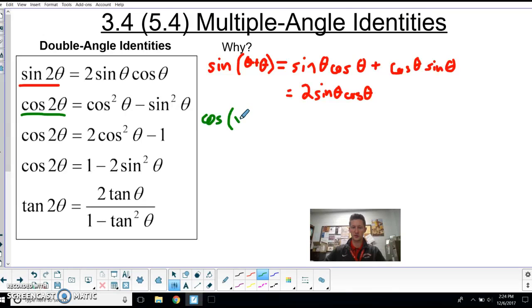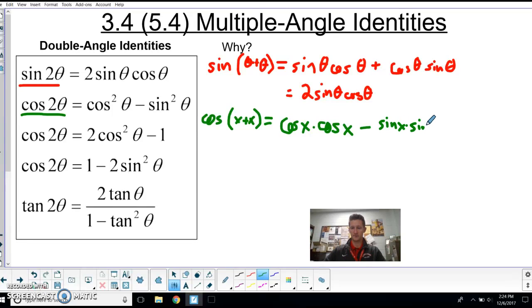If I use the cosine of x plus x, it's the cosine of 2x, okay? With the cosine sum identity, I take the cosine of the first times the cosine of the second. And then I have the opposite sign in the middle, so I'm going to subtract, because I was adding here, I'm subtracting these two things. I'm going to subtract the sine of the first times the sine of the second.